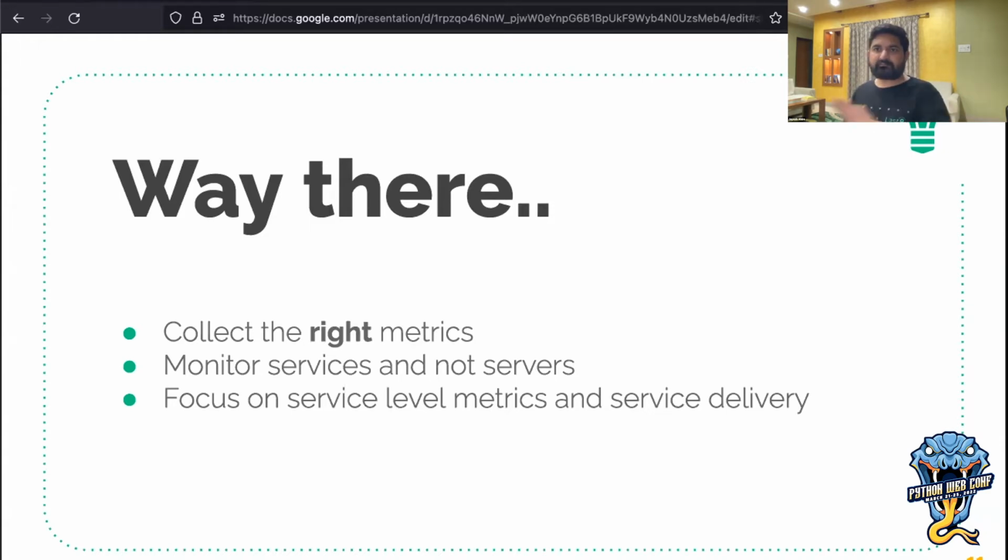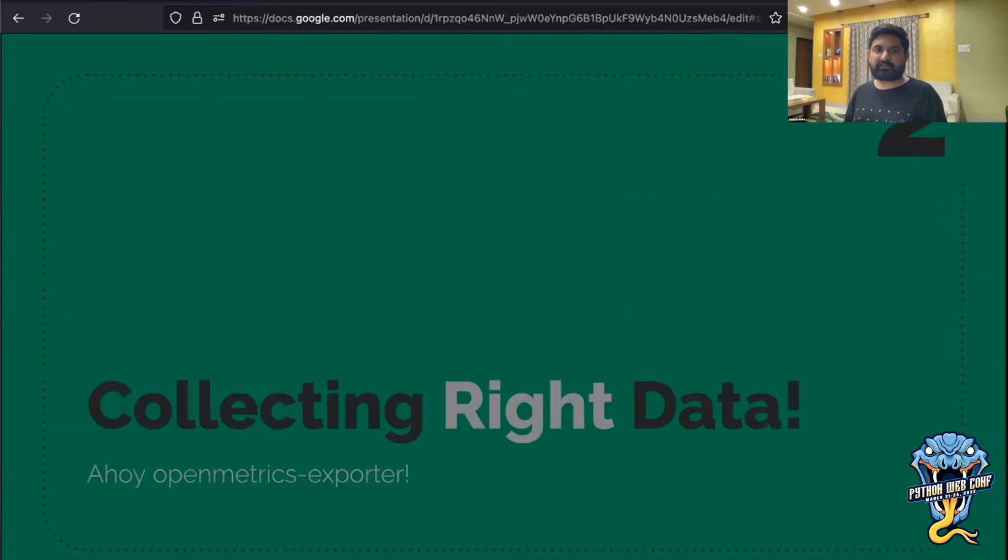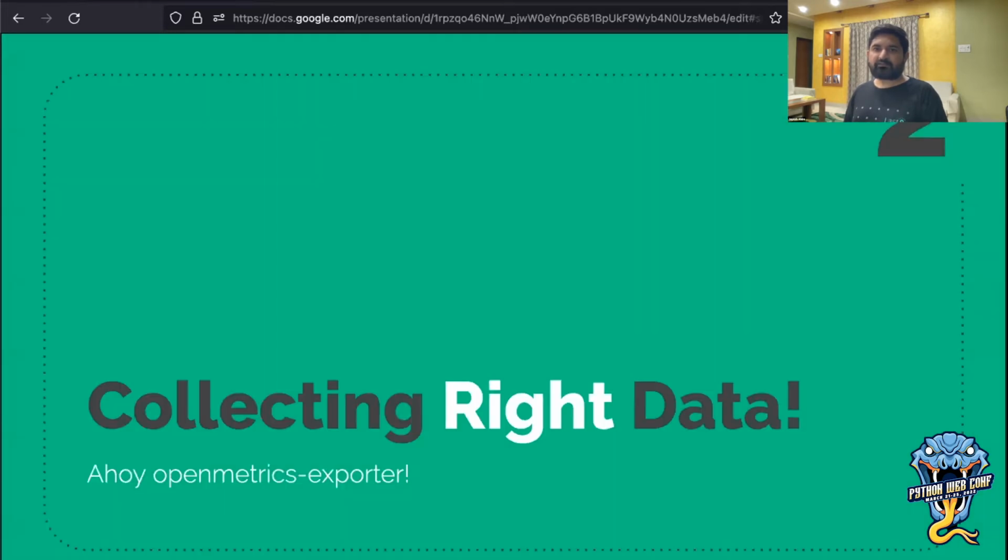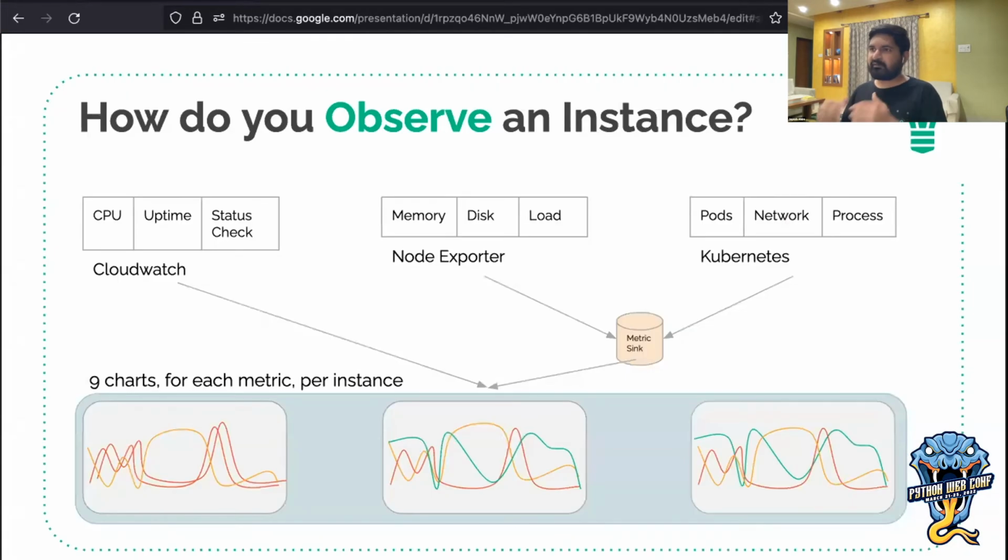So in correlation to the incident we discussed and the ways we got to go towards a more reliable system, let's jump into the first topic, collecting the right data. In the modern system, the system can be visualized as a burger. There's a top layer, which is like ALB, ELB, CDN, everything which is serving the user request.